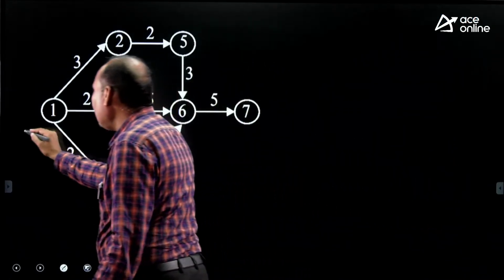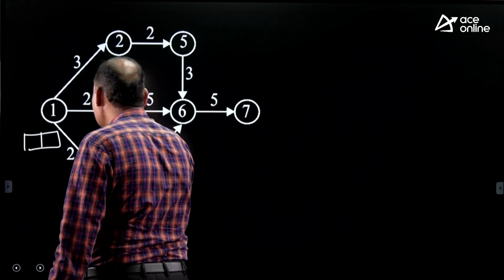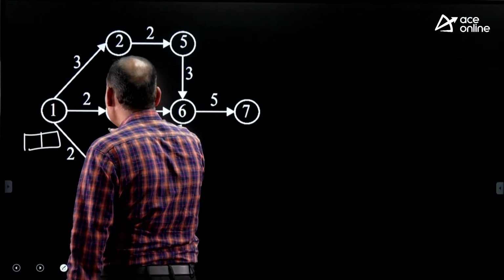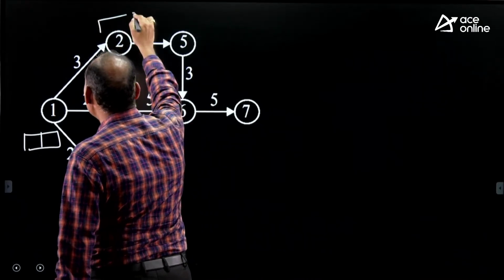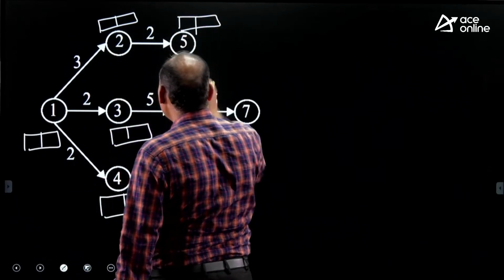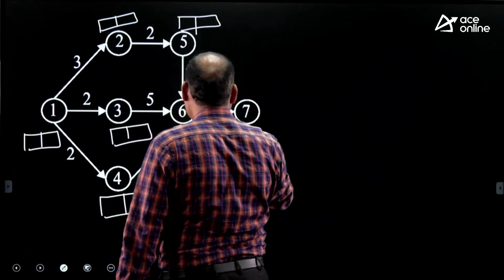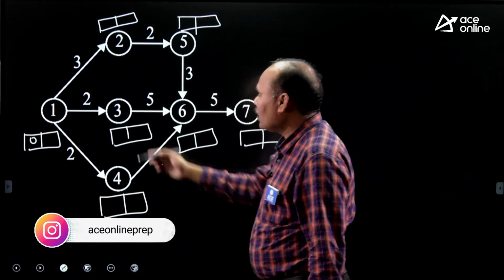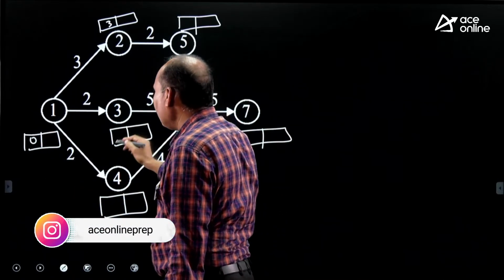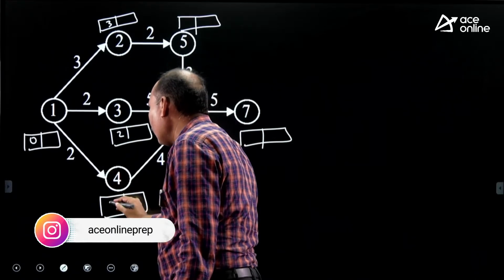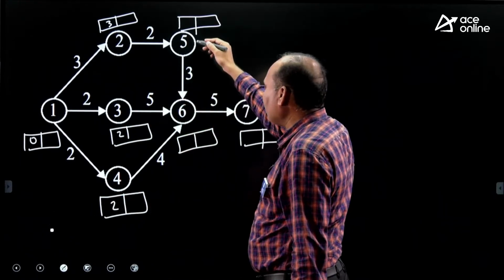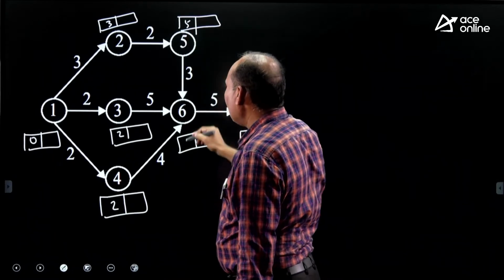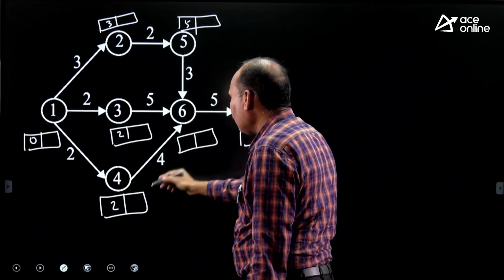Now just let us complete this. For each event you can have 2 boxes because the diagram is available, with earliest and latest values at each event. Start with 0. First event value 0, second event 3, third event 2, fourth event 2, come into fifth event 5, and this one 5 plus 3, 8, 2 plus 5, 2 plus 4.